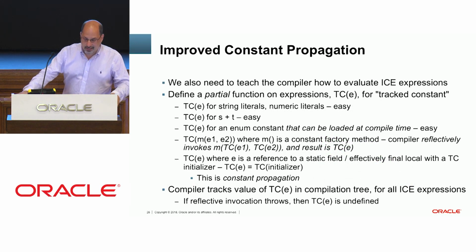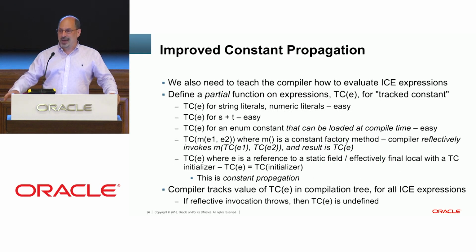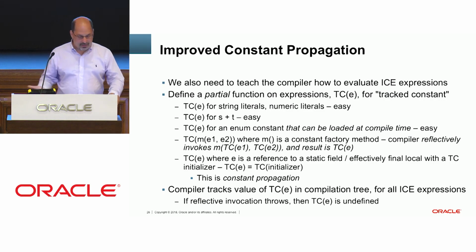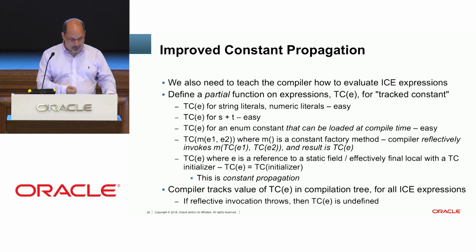We also need to teach the compiler how to evaluate these intrinsifiable constant expressions, and that turns out to be really straightforward. So we define this partial function on expressions called TC for tracked constant, and you define it in just the completely obvious way, right? So TC of E for a string literal is the string. TC of E where E is A plus B is the obvious thing.